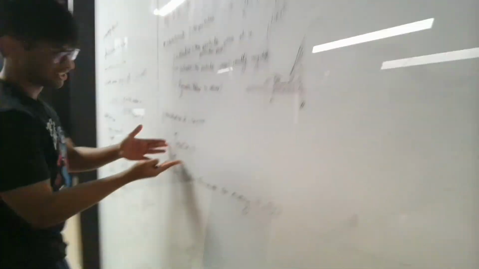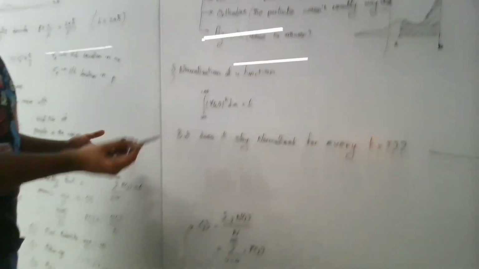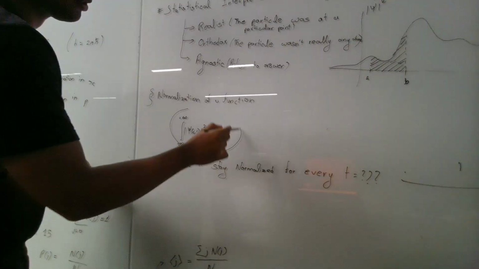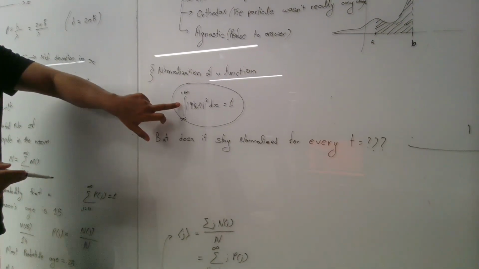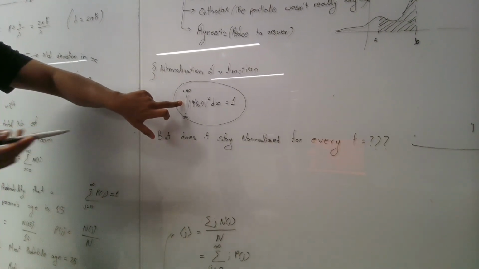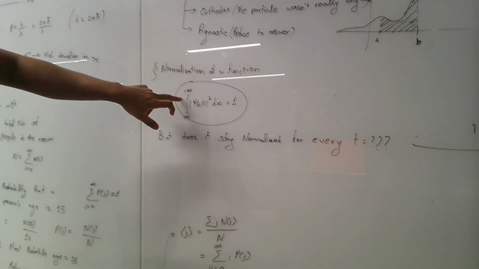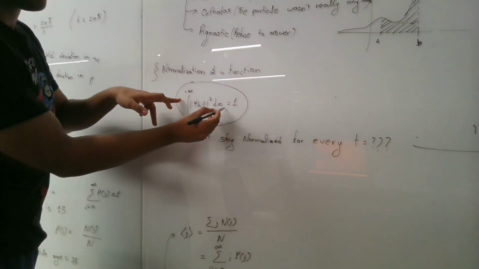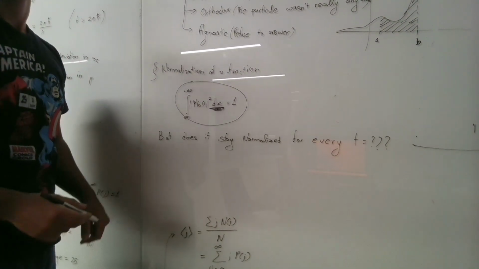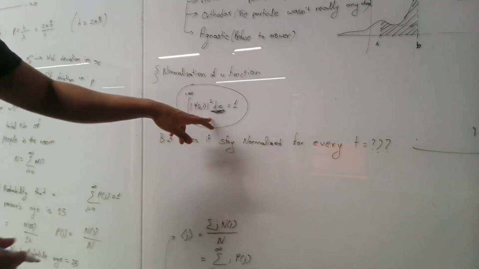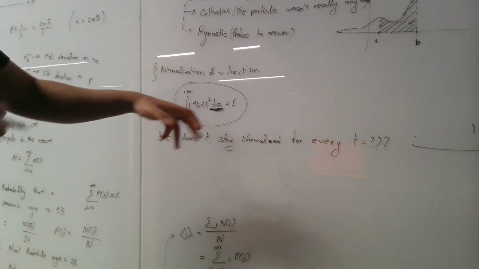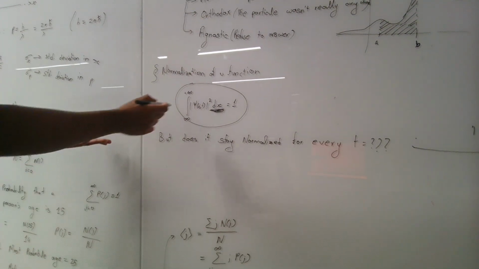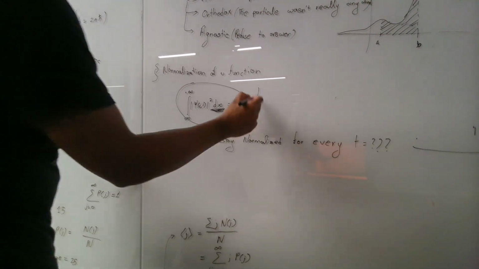Going back to normalization, this is just for the sake of computation. This thing is an established truth, right? What we are asking is, would this truth change with time? Because this is for the position. You can see we are integrating it in terms of position. Would this truth change if we were to take another measurement? Let's say this measurement was taken at t equals t1.